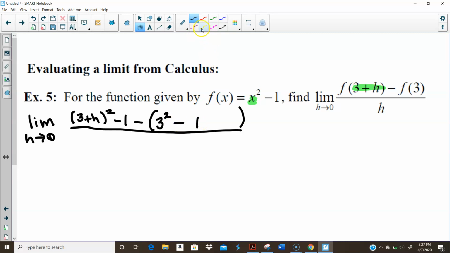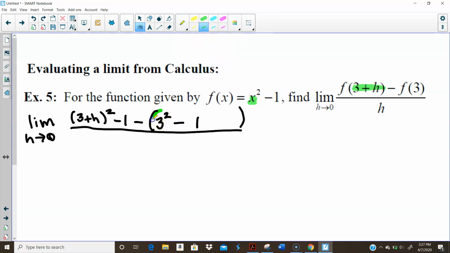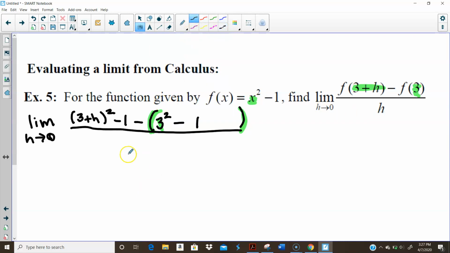Now, something that's really important to remember are these parentheses right here, because it's subtract the whole thing, all right? And again, this f of 3, I went to f of x, and instead of x, I put in a 3. All right, and then the bottom is simply going to be over h. So we'll just leave that the same.